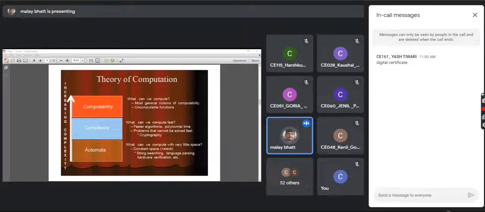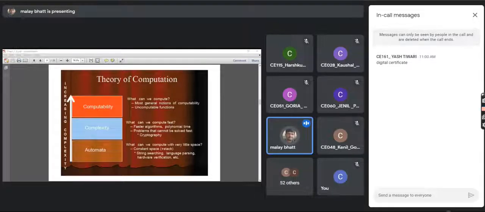Another application we can consider is when you are searching for a particular file in your computer. When you search for a file using your computer, you will find something like this dir command, dir star dot docx. So dir star dot docx is nothing but an example of automata.